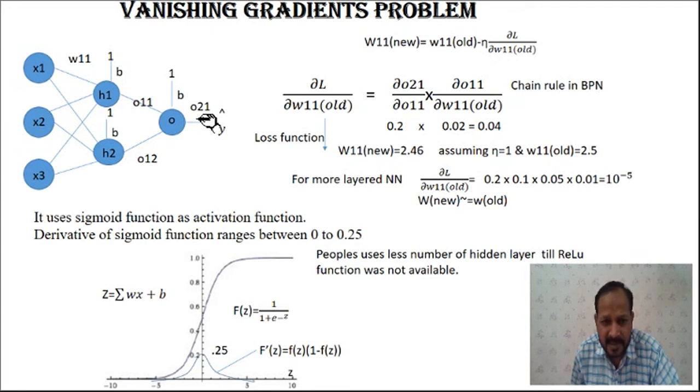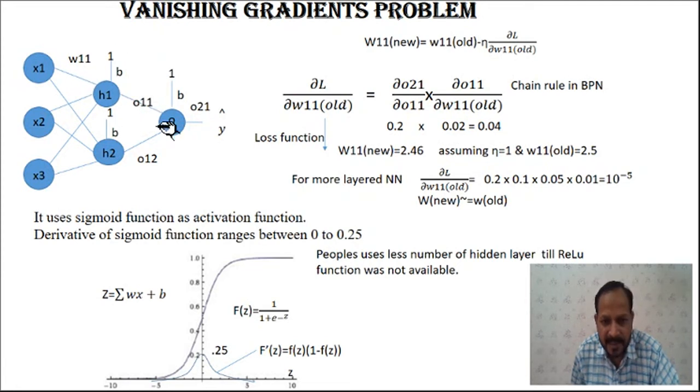In this case, O21 depends upon W11, so you can take the partial derivatives. To find the overall effect of the change in the weight on the change in the loss function, dL by dW11, we take the partial derivative, because the output O21 of this node depends upon the output of this node, and the output of this node depends upon the weight.